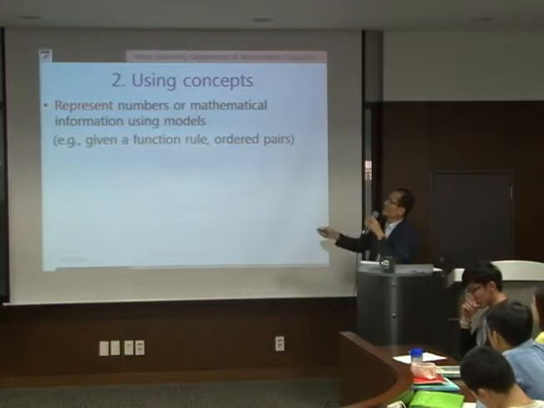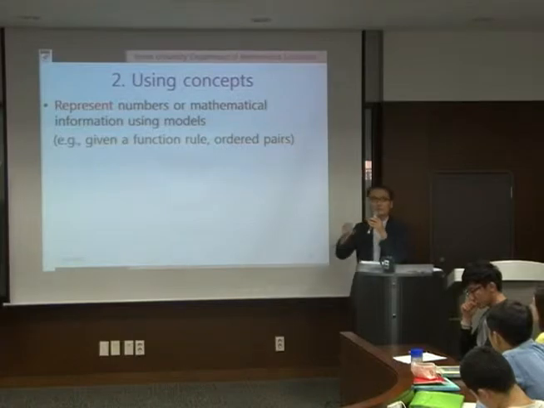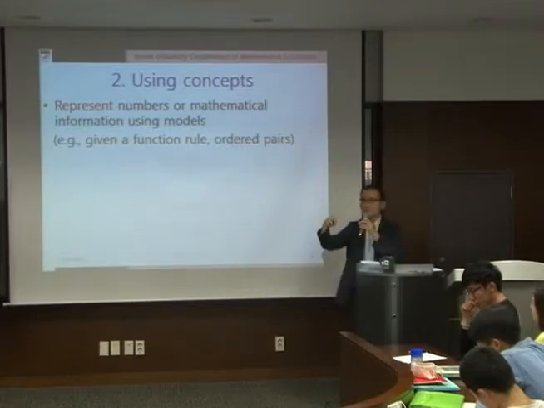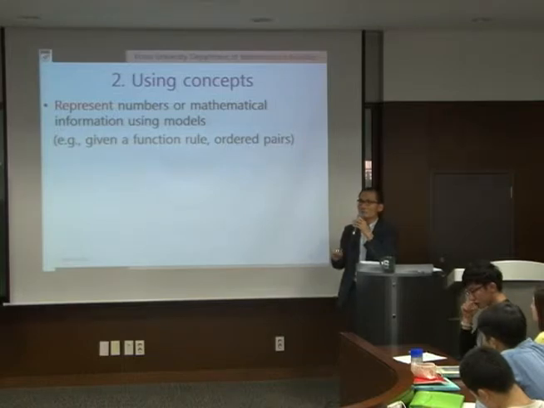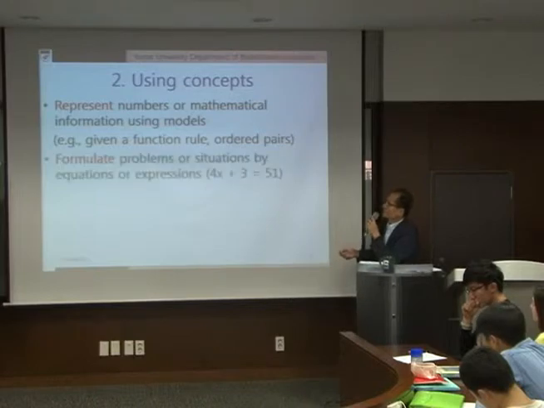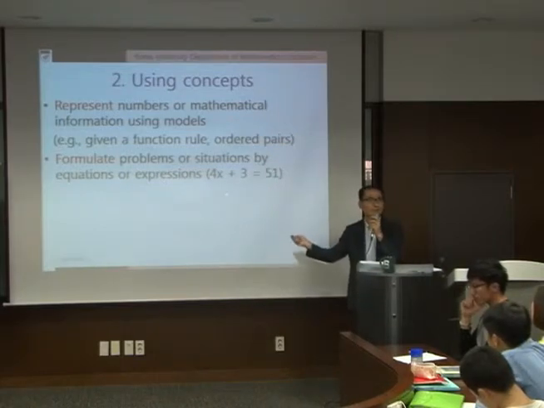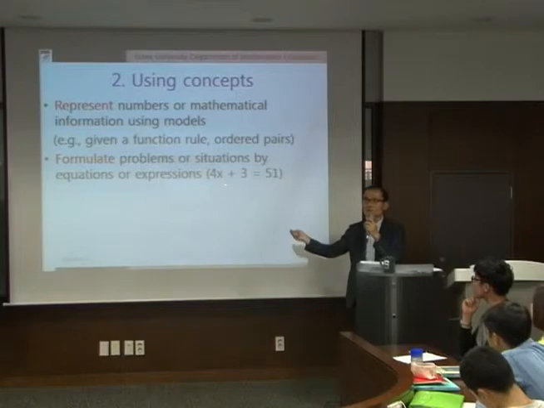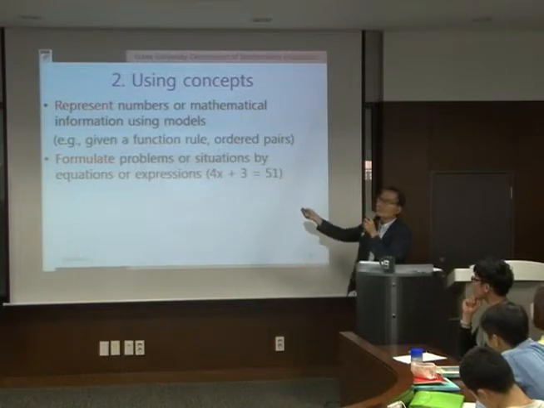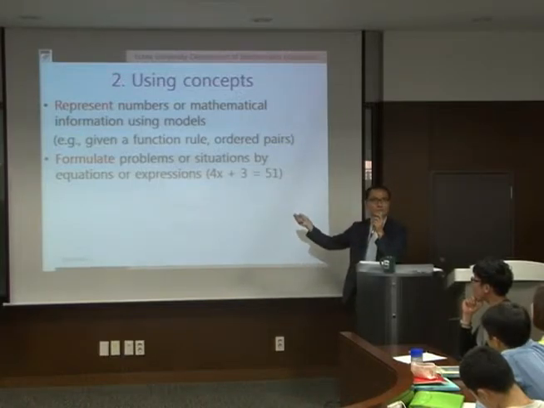But here, representation is a part of what? Using concept. You can think about that issue, how to categorize, right? Also formulate problems or situations by equation or expression. This is also part of representation, right? In terms of NCTM standard. But still, this is part of using concept in the team's study.